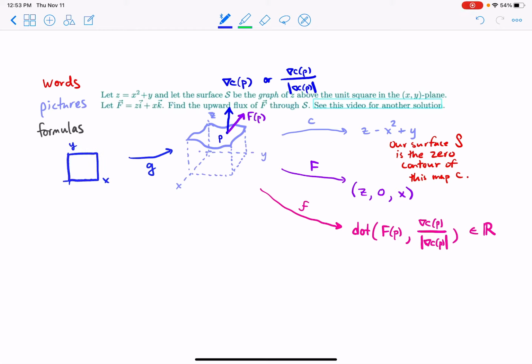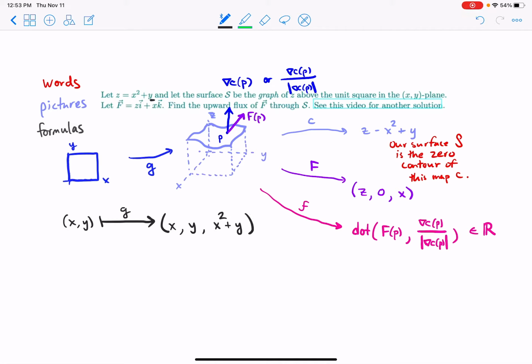It just takes this unit square and puts it to this surface. How does it do it? Let's write the formula for G. This is G, and it sends x, y to the point x, y, and then x squared plus y.